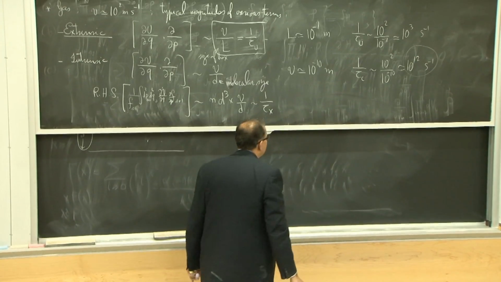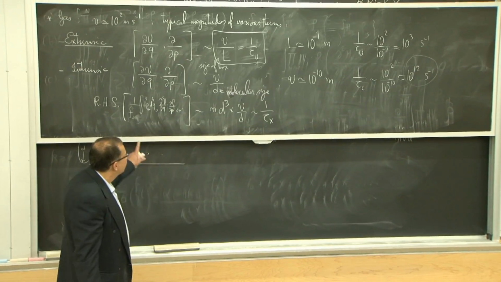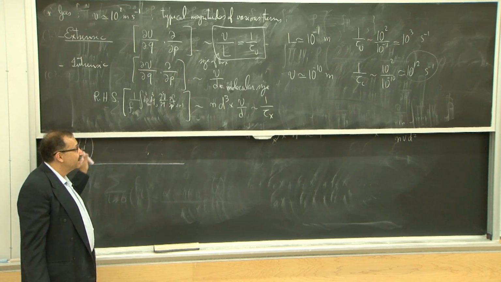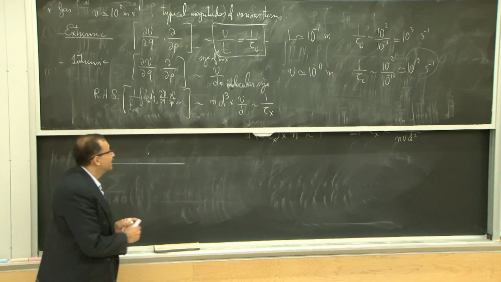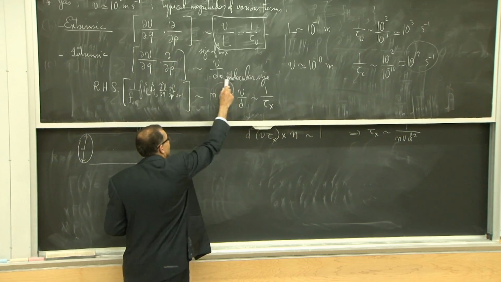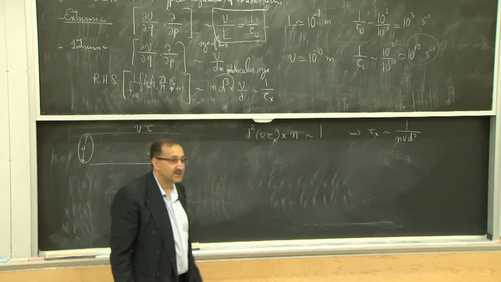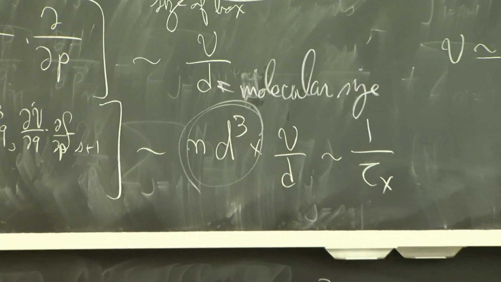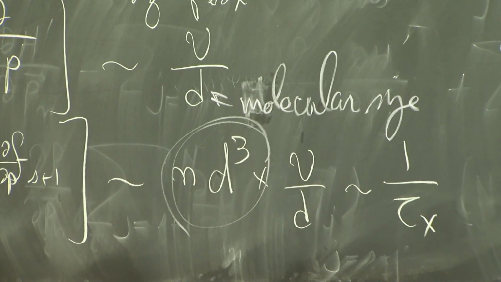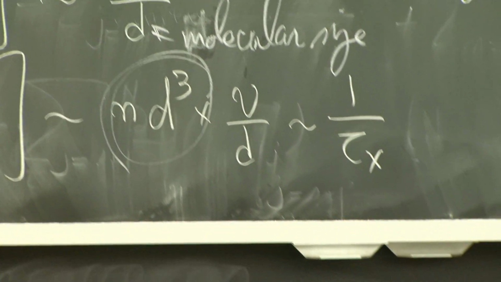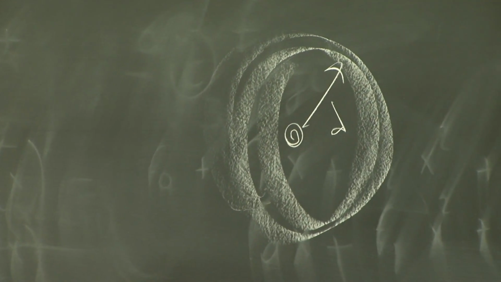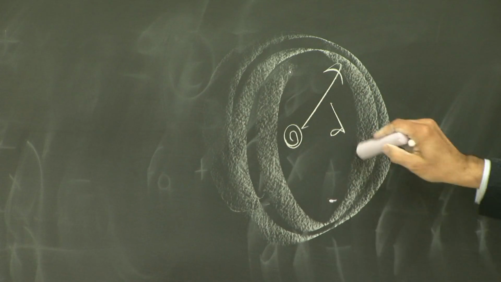In order to compare the terms that I have on the right-hand side with the terms on the left-hand side, I notice that I need to know something about nd cubed. So nd cubed tells you, if I have a particle here and this particle has a range of interactions that I call d, how many other particles fall within that range of interaction?